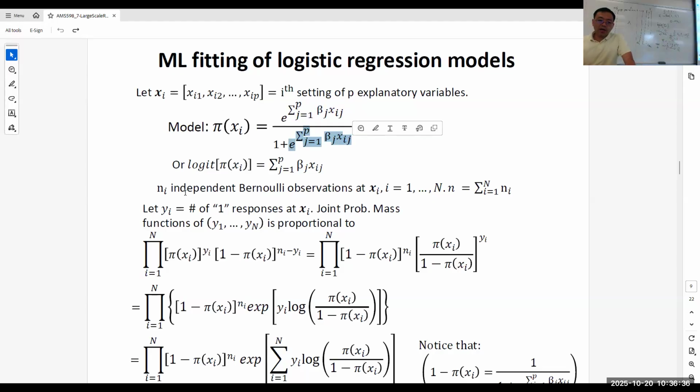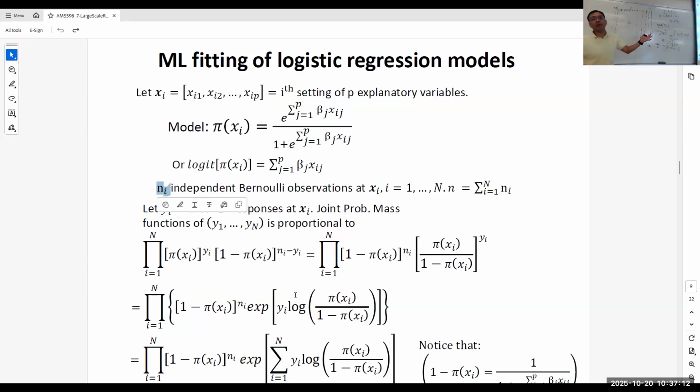So therefore, if we have Ni independent Bernoulli observations at Xi, in our case let's assume Ni is equal to 1, because for each Xi let's assume there is only one observation. But in the general case, Ni is just saying you may have multiple observations for the same Xi. Say you have people with the same age, same gender, same education, same income category, same marriage status, and living in the same place.